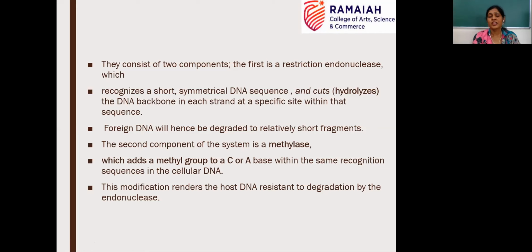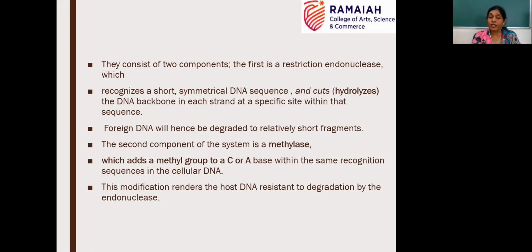I told you that this restriction modification system occurs in the cells as a defense mechanism, and it has two components: restriction endonuclease and methylase. Of course, the restriction endonuclease component is the one that acts as a defense mechanism by degrading the foreign DNA that is entering into the cell.